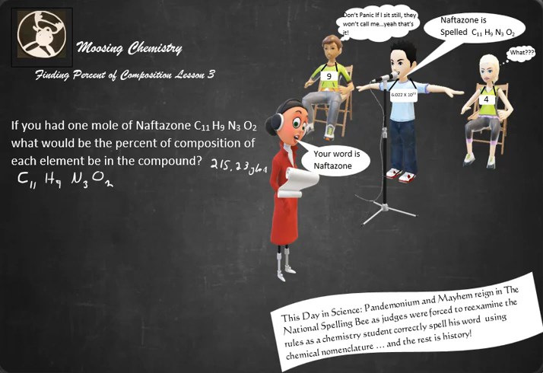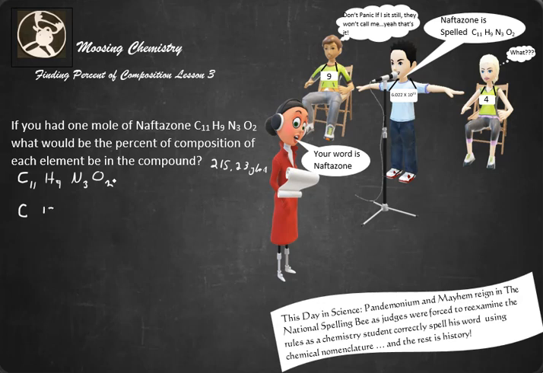Now what you want to do is find the percent of composition of each of these individual elements against the total mass of the naphthazone. Well, that's easy. Here's carbon. Carbon was 132.11 grams per mole.